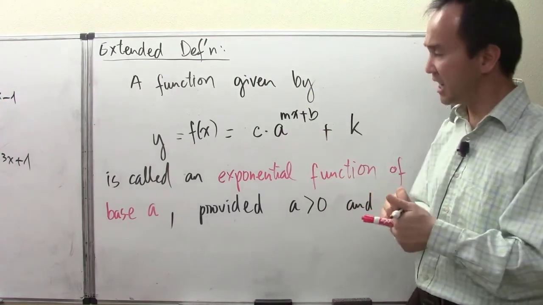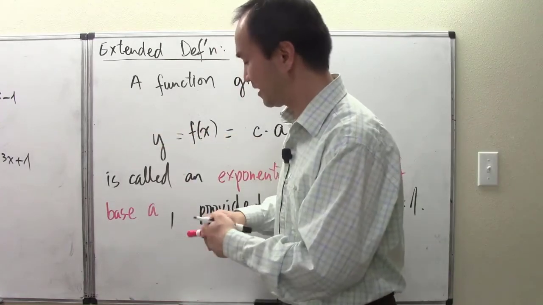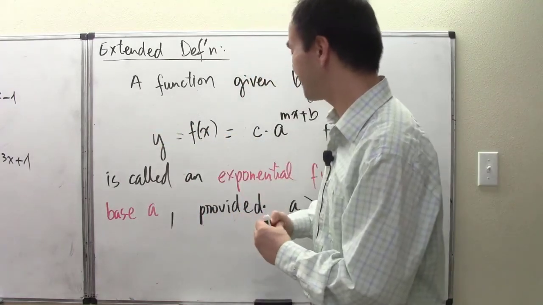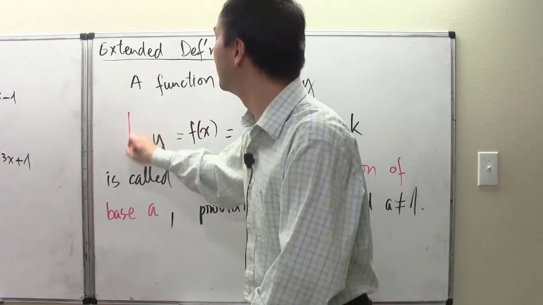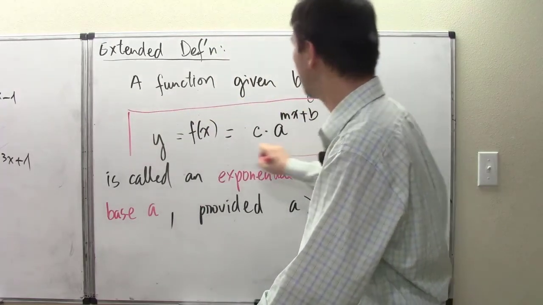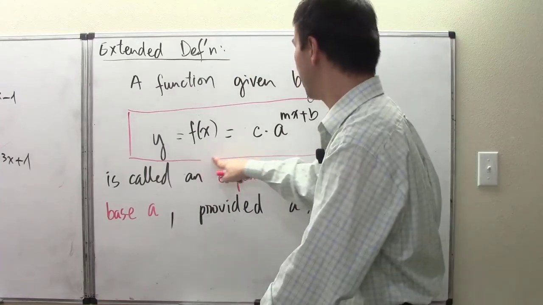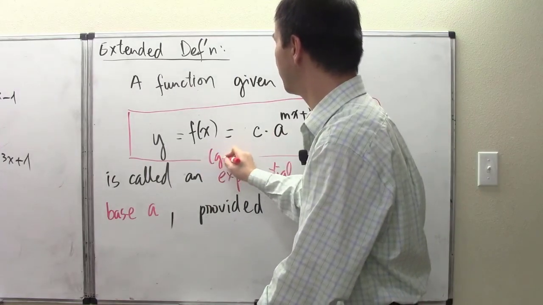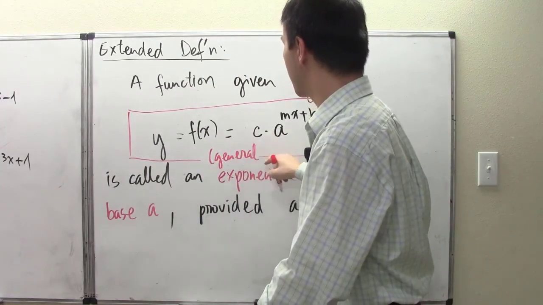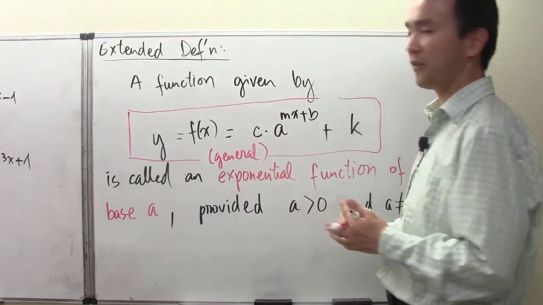And so this is indeed the more general form. This form right here is a more general form of an exponential function. If you call this a general form, I would agree with that as well. It's a general exponential function.